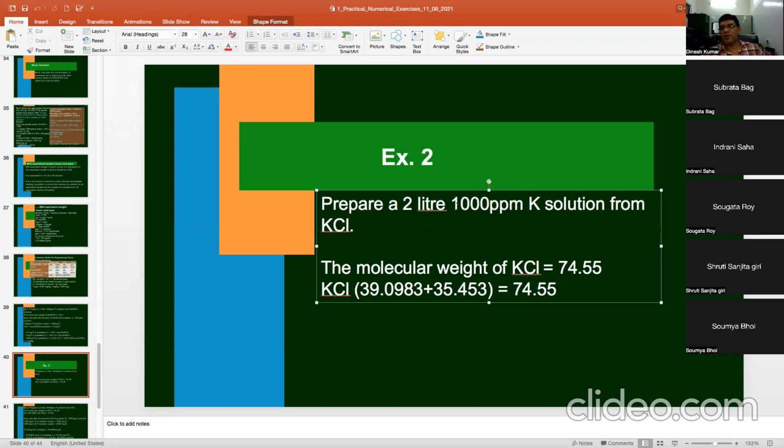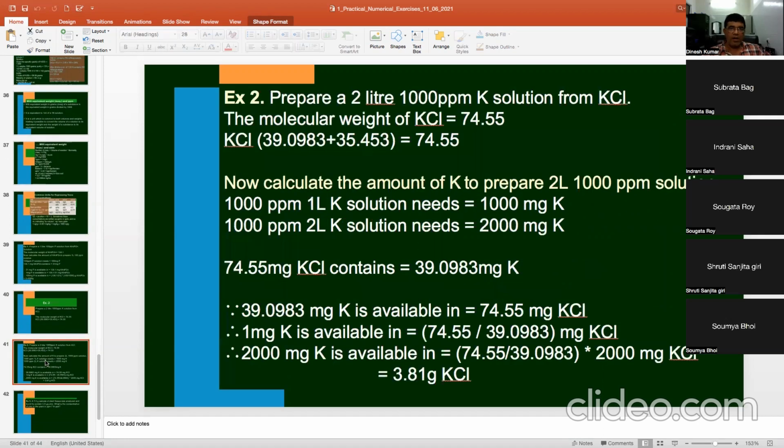So you will require 2000 milligram of K. Then how much KCl can supply you 2000 milligram of K? You can work it out. You know the molecular weight. You also know the weight of K, it is 39. So 39 is available from 74.55. Therefore, 2000 milligram is available from this. This is very simple. You can do it.